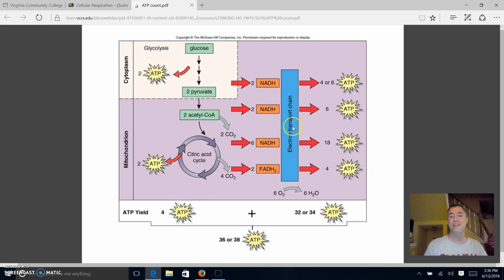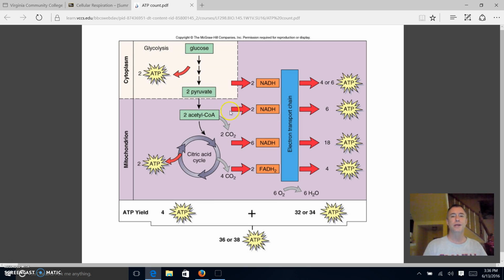We will get to that and show another PowerPoint and a discussion on what's actually happening there, but let's build to that. So that was our first step: we got 2 ATP and 2 NADHs. Second step, no ATP, but we did get 2 more NADHs, because when we were converting pyruvate to acetyl, we pulled carbon dioxide out of it, but we also pulled hydrogens out of it.